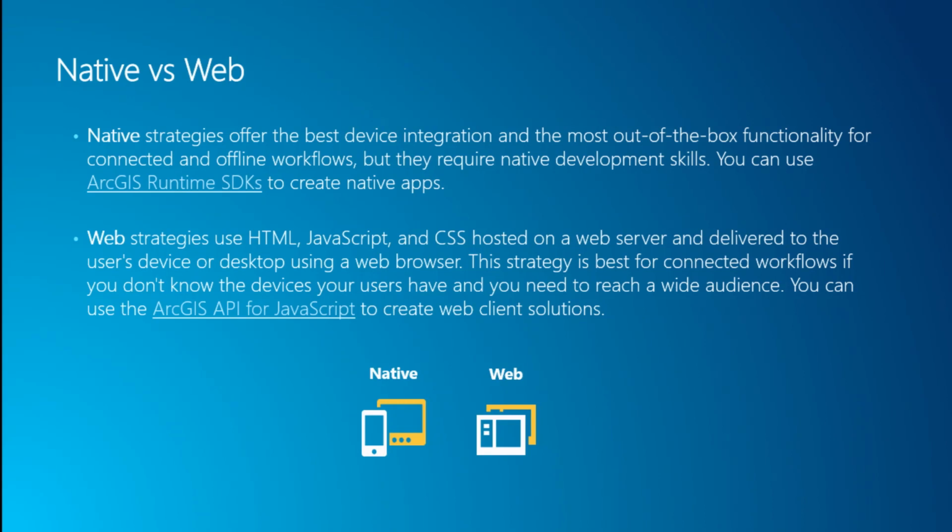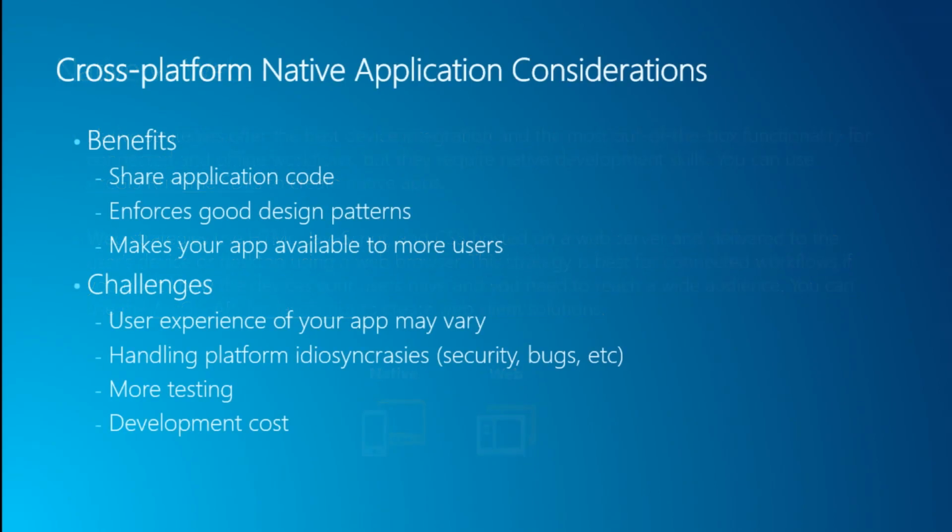You need to be able to support a lot of different device types depending upon what you expect your user community to leverage. For that, we have the ArcGIS API for JavaScript. Right? And so that's a web technology that allows for cross-platform development. So a lot of the concepts that we find within native will apply to the web as well. But because we're talking about runtime, we're going to talk about native.